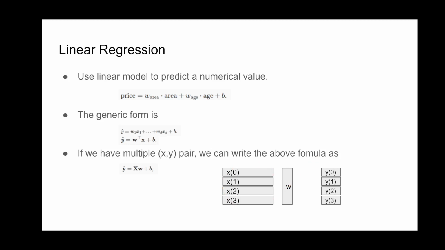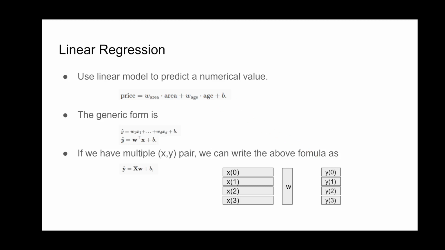So the question is that if we have a lot of historical data with the area of the house and the price of the house, we need to decide the best W and B, so that we can use this formula to make a prediction of the price for new data.